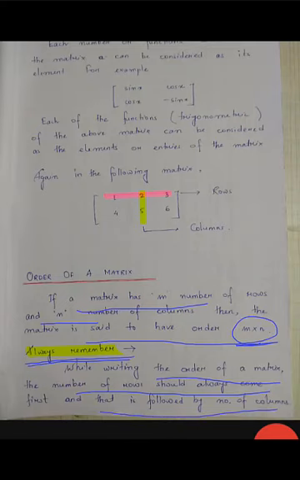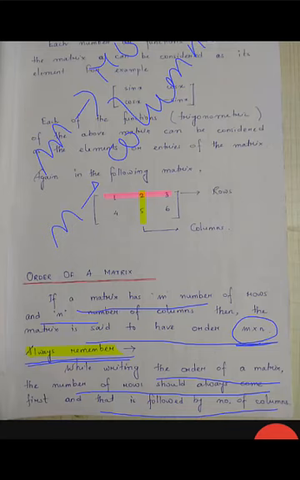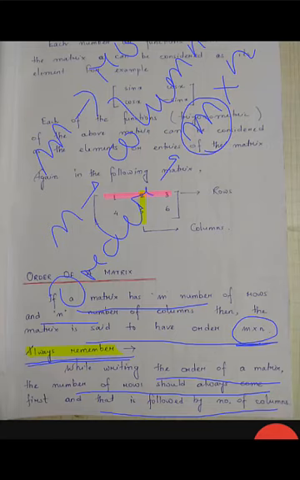That means, suppose a matrix has m number of rows and n number of columns, then the order will be m by n. That means the number of rows should always come first, followed by this into sign, then followed by the number of columns.